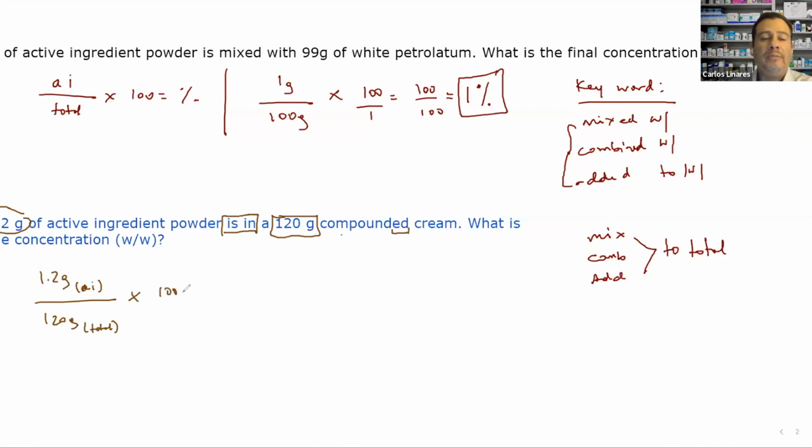Again, we multiply times 100. So that's 1.2 over 120, and this is equal to 1% as well.